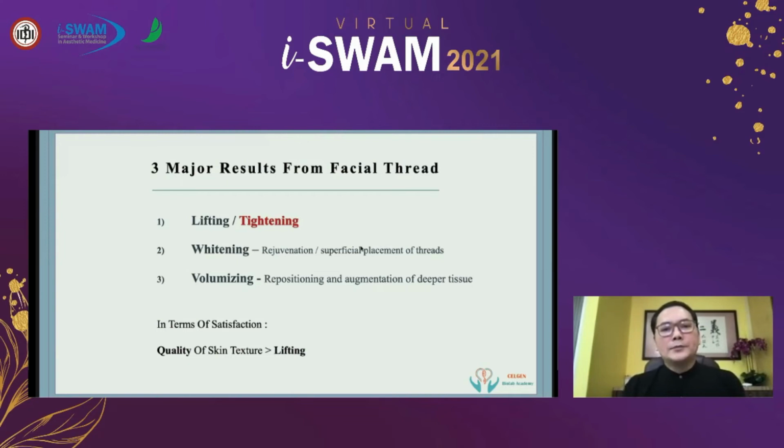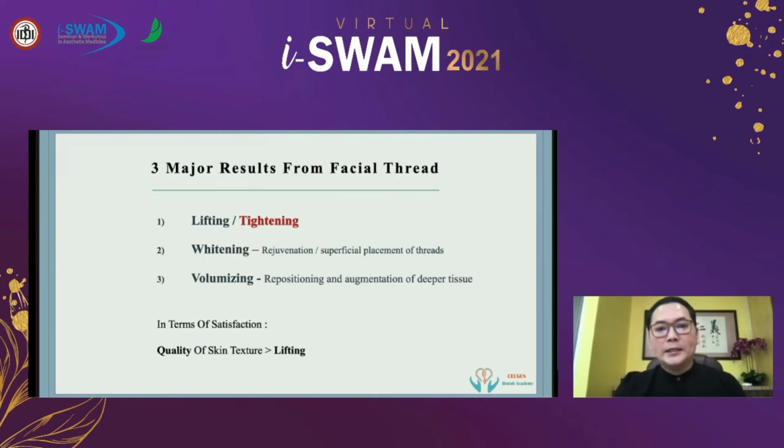So what are the 3 major results from the facial thread? If you have done a lot of threads, I'm sure everyone has encountered these 3 very important effects. First is lifting or tightening of the soft tissue, the face tissue.